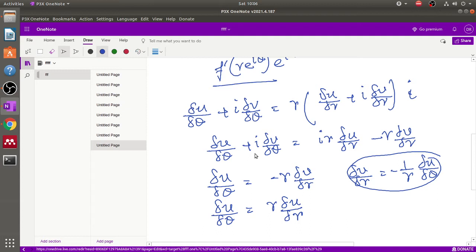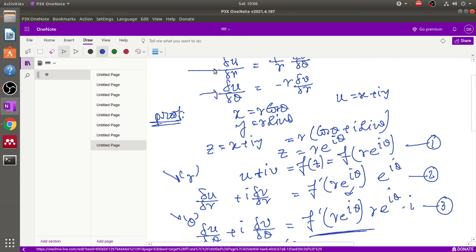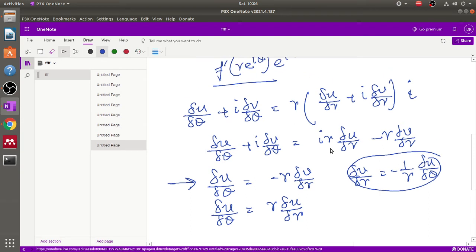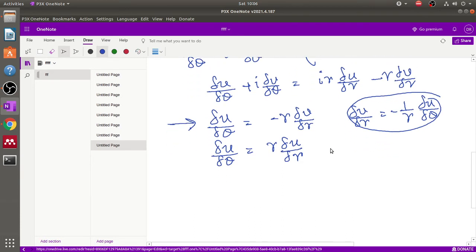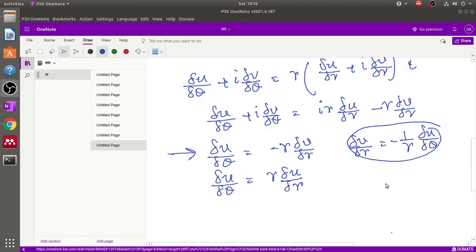So this is the proof of this equation: one is del u by del theta. This is the proof of this, and del u by del r equals 1 by r. So another equation is taken from these two parts.